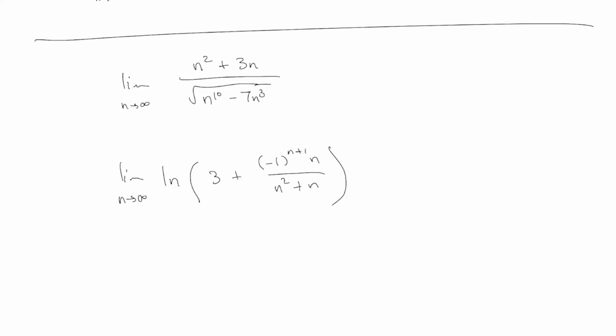All right, I'm going to give you some hints. For the second one, my hint is to do that inner limit first. And for the first one, I will say you should use the divide by biggest power of n trick.